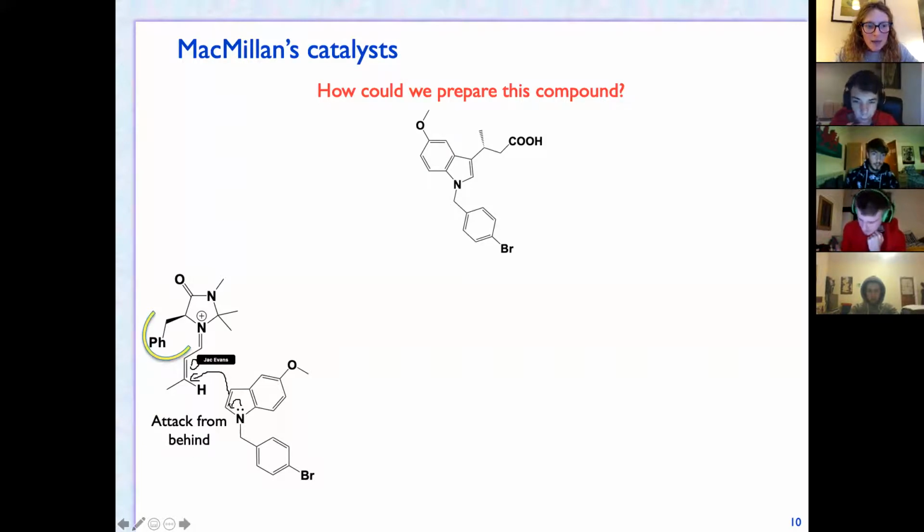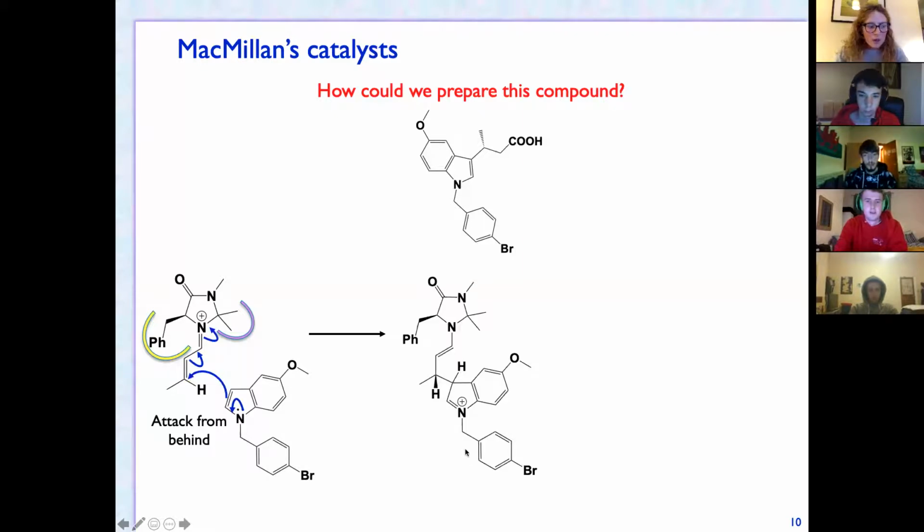We have these bulky groups impeding the attack from the front, while these other groups allow it to attack here. So it has to attack in this position. Here you have all the curly arrows needed for the formation of this product.